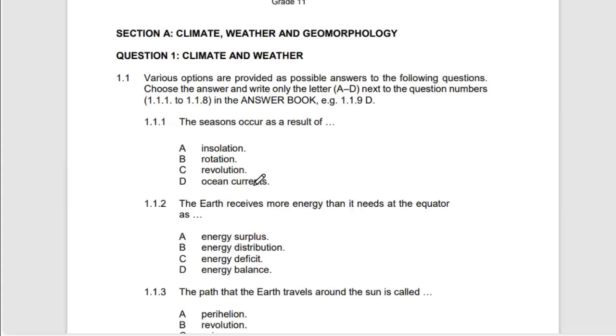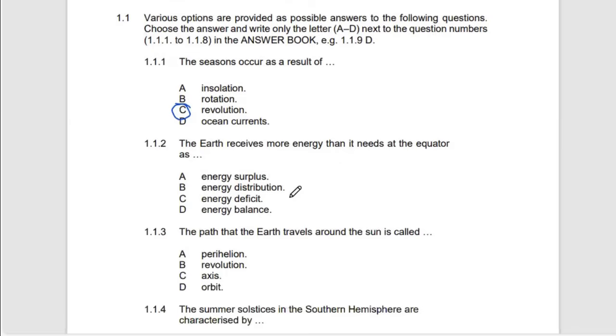Seasons are generated because of the revolution of the earth. As the earth revolves along its path, the distance from the earth to the sun differs along the elliptical path. As a result, we have differences in weather conditions that give rise to seasons. So it's C, which is revolution.